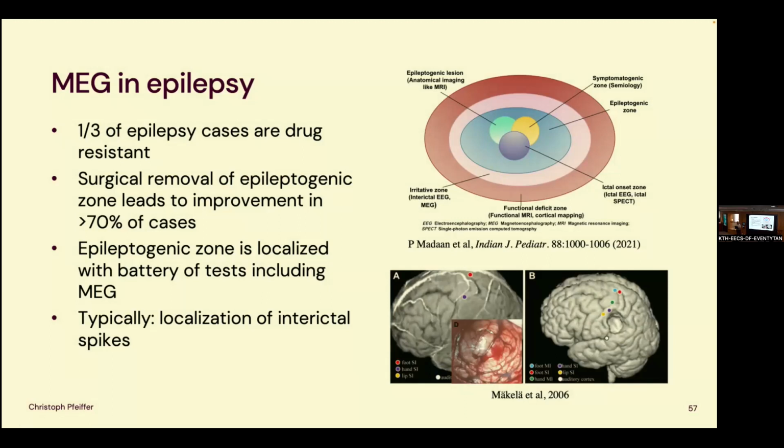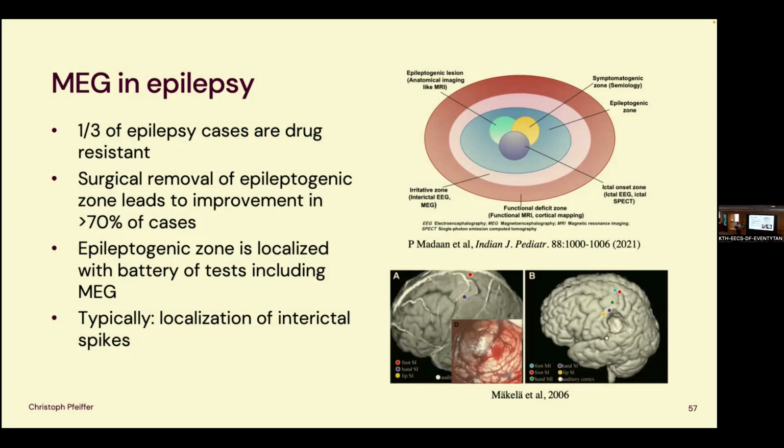MEG is used especially in some of the harder cases to try to determine this location, and also to guide where to put intracranial electrodes, because of course you cannot fill your whole brain with electrodes. You want as few as possible. So if you already know where you expect the location to be, that makes your life much easier and reduces risks to the patient.